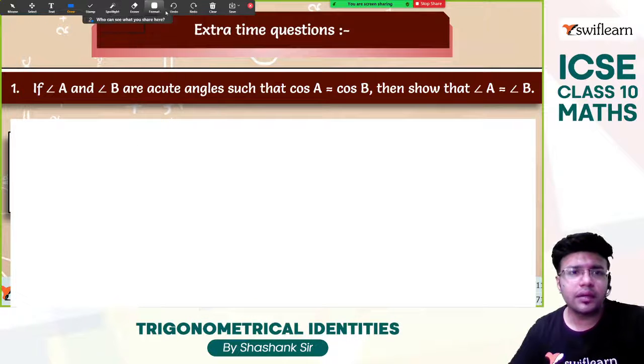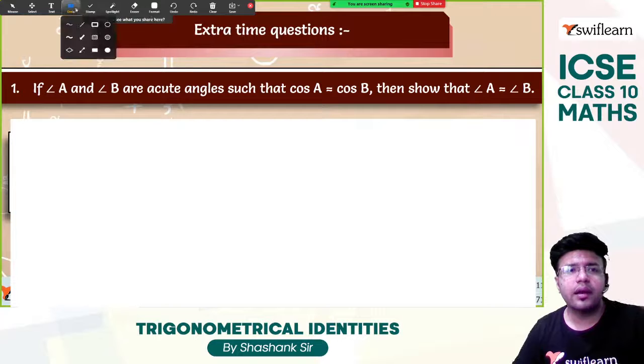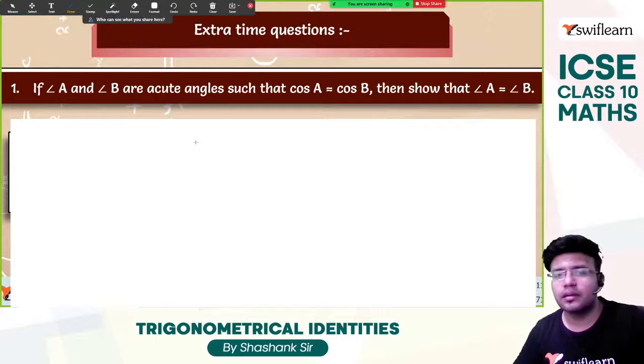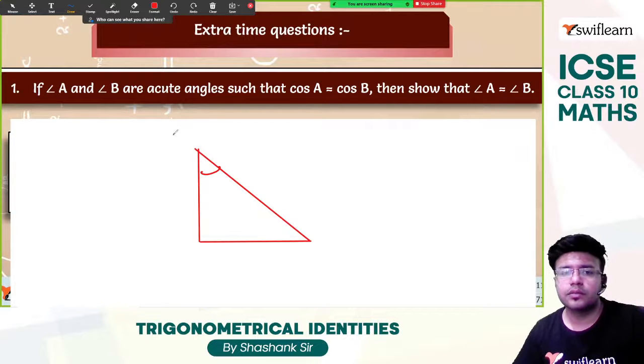So in a right angle triangle, right angled at C, okay, so it is like this. This is angle A, this is angle C, this is angle B.